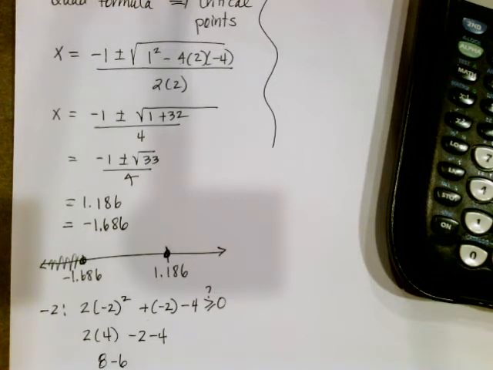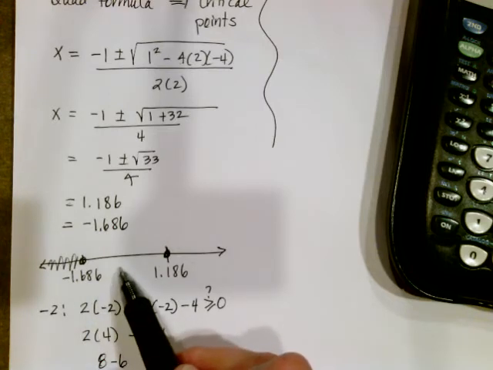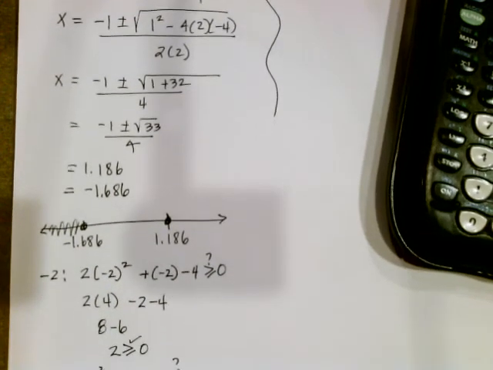So I'm going to have 2 times 0 squared plus 0 minus 4, and I'm wondering if it's greater than or equal to 0. So I get negative 4 is greater than or equal to 0. That is not true, so I'm not going to shade this particular portion of my graph.